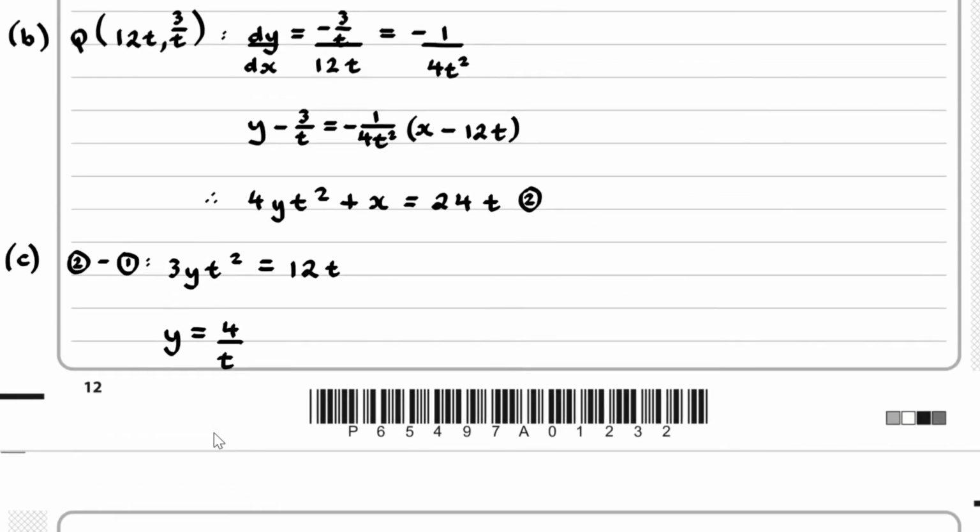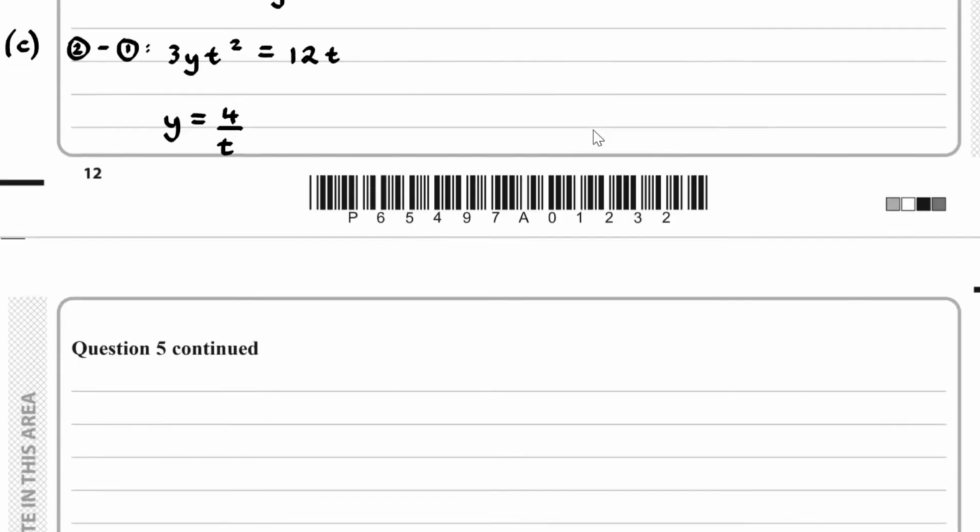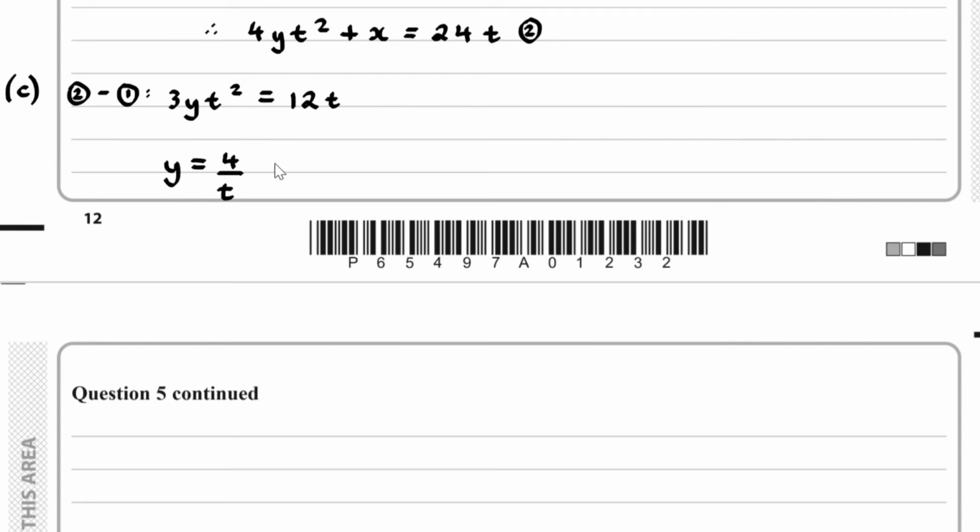So now that we know what y is, we can find out what x is. Now if we go back to the equation, we've got xy equals 36, and therefore x is equal to 36 over y. So now let's use this to find out what x is. So x will equal 36 over 4 over t.